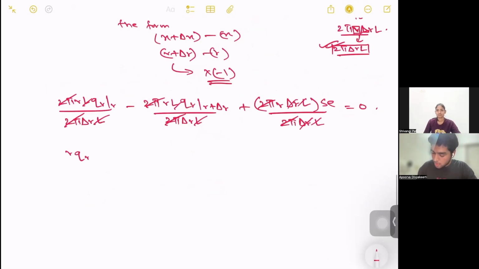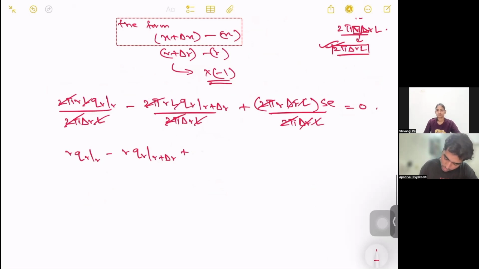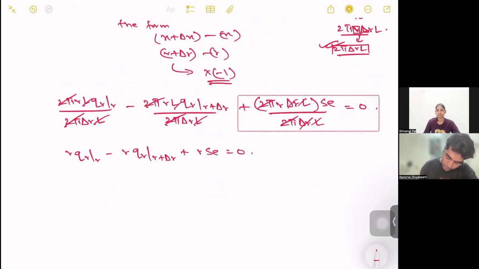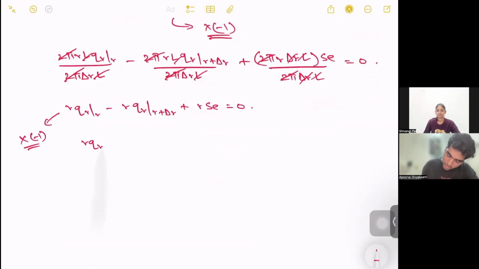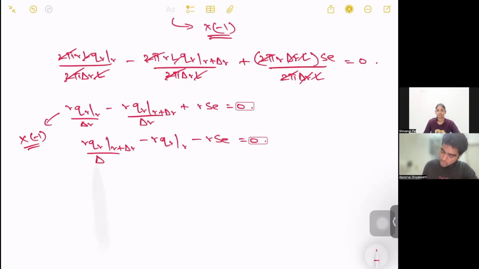But now, as stated in the third condition, we want R plus delta R minus R. We want it in this form. So now we'll multiply this equation by minus 1. What will we get? R q_r at R plus delta R minus R q_r at R minus R S_E equals 0.